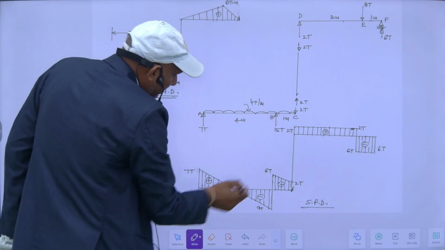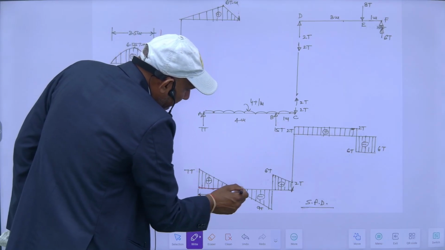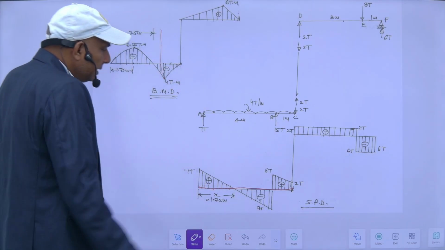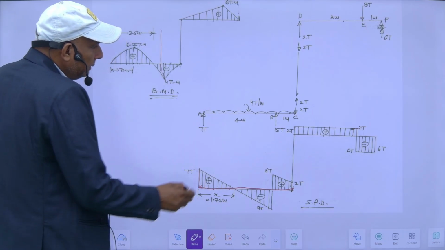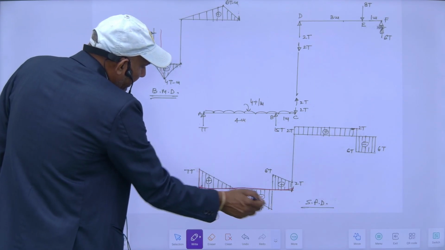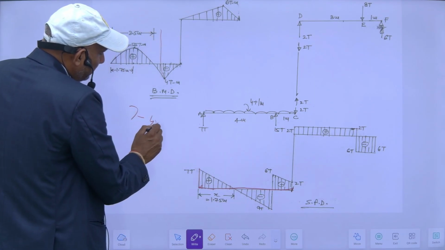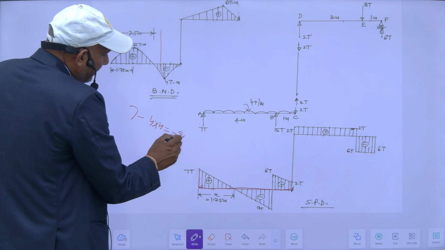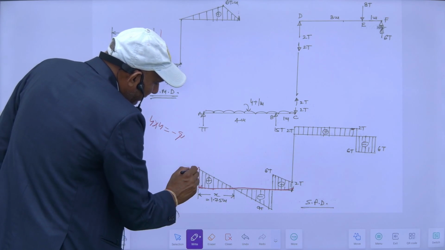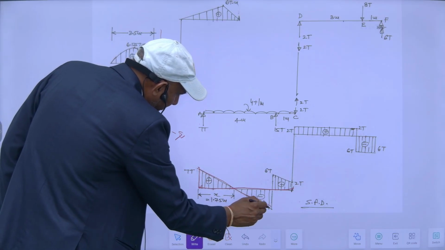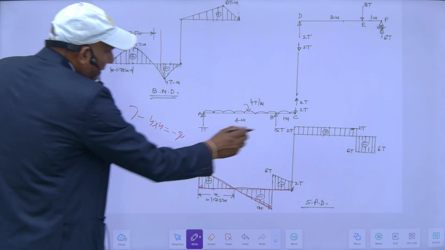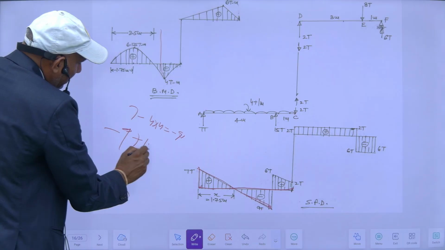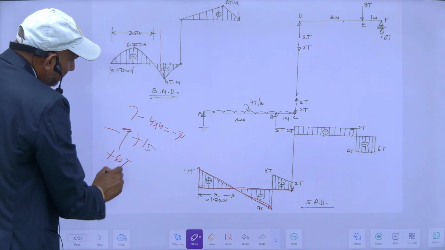For ABC, this is the baseline. This is 7 ton positive. Then here it is minus 9 ton; 7 minus 4 into 4, minus 9 ton I will get here. And due to UDL, my shear force will be like this. And then minus 9 plus this upward 16, so it will be plus 7 ton.